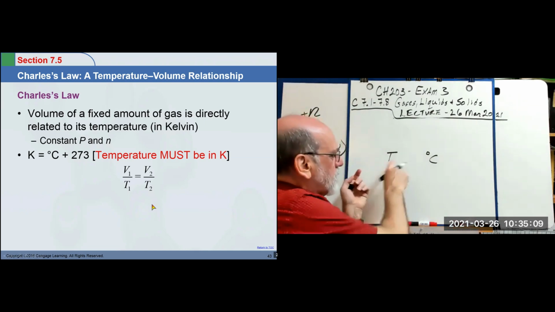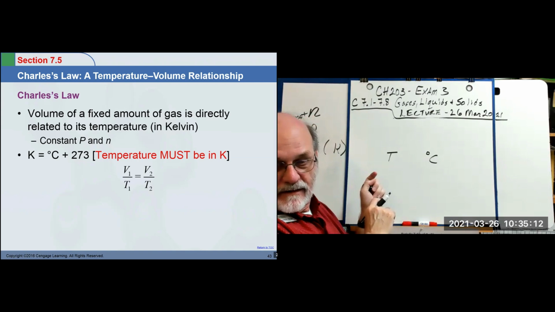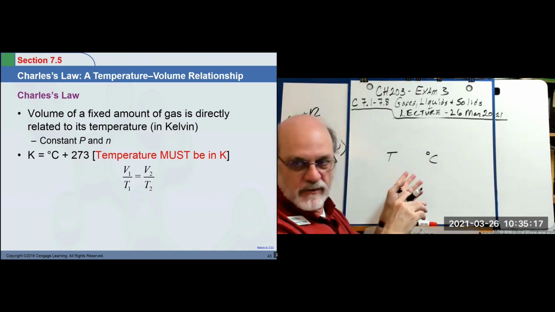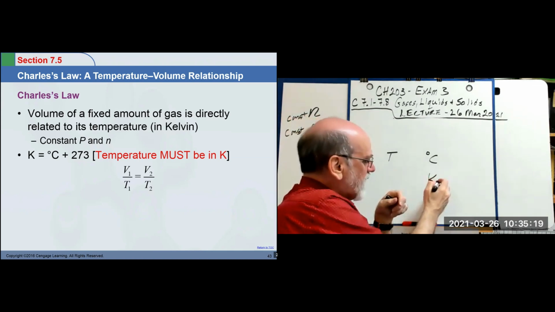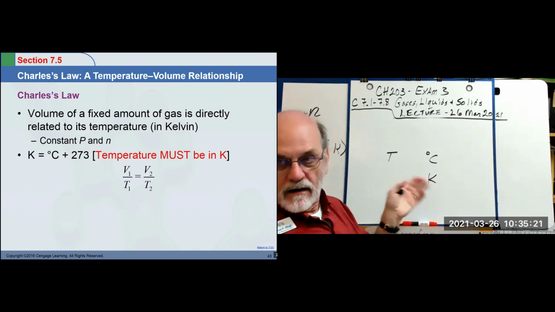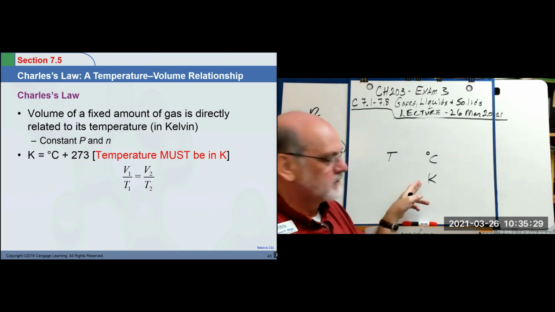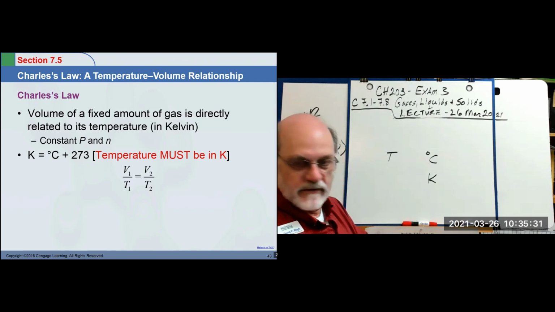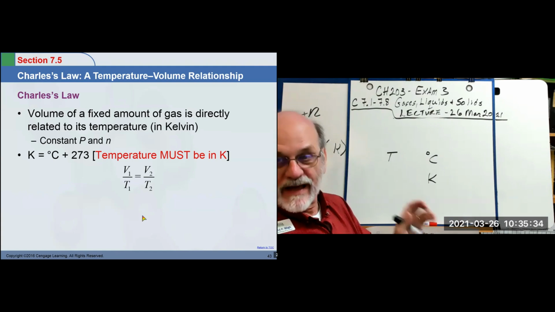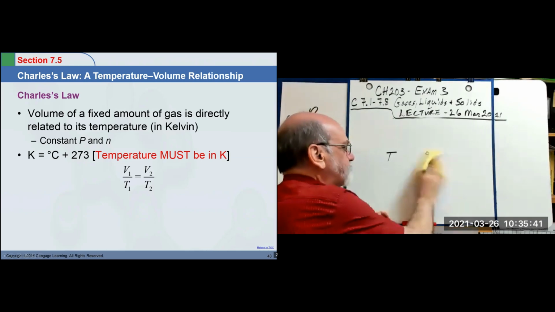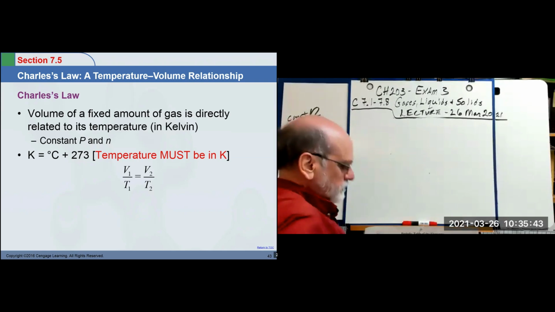So a new temperature scale is needed, and Lord Kelvin came up with that measurement. And now all values of Kelvin are positive. There's nothing below 0. So every value is positive. That way, this expression will never have a negative answer. Okay, so that's Charles' law.